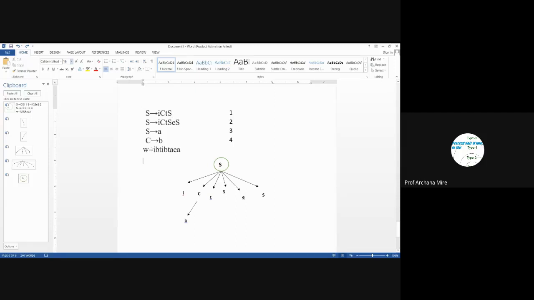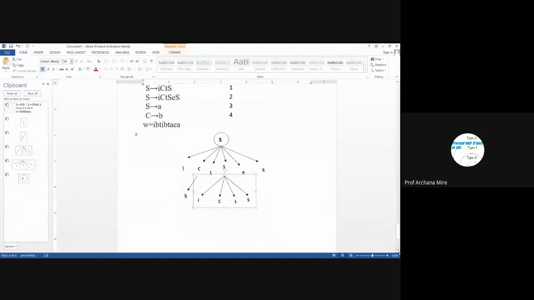Our original string consists of 2 Ts, and till now only 1 T is generated. We need to generate one more T, so here I will be using production rule number 1. Now this is one T, this is another T, both Ts are generated.